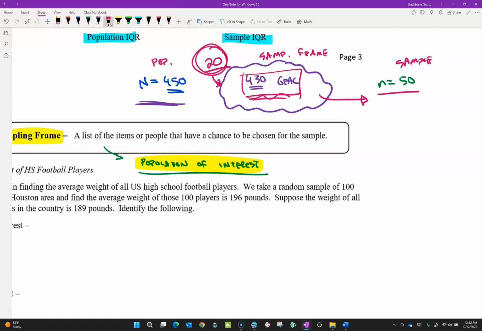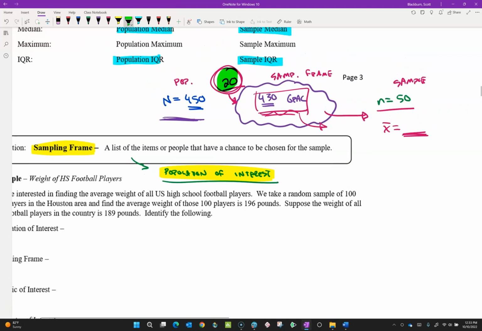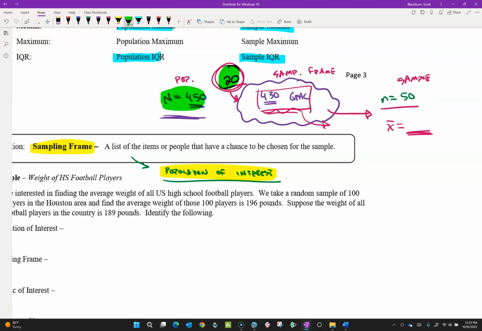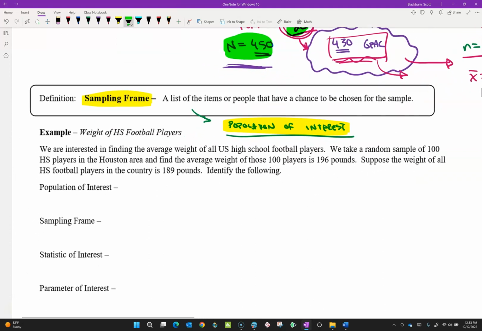So because my sampling frame is different than my population, my sample statistic, the average number of days that the kids are gone, might not be a very good reflection because of the type of people that were missing from my sampling frame. So this creates a big problem. In a perfect world, our sampling frame would just be the population of interest, and then there would be less of a problem. There might be other problems, right?